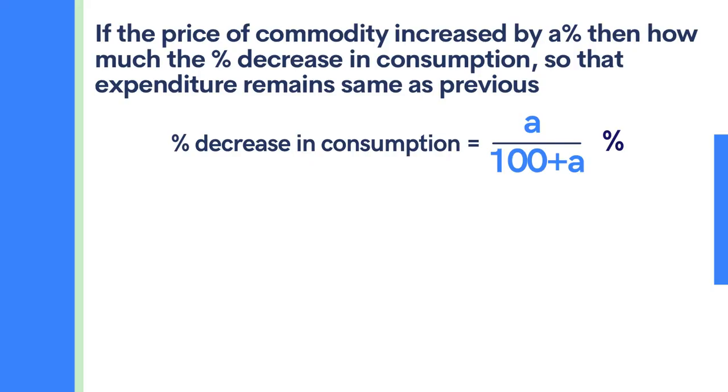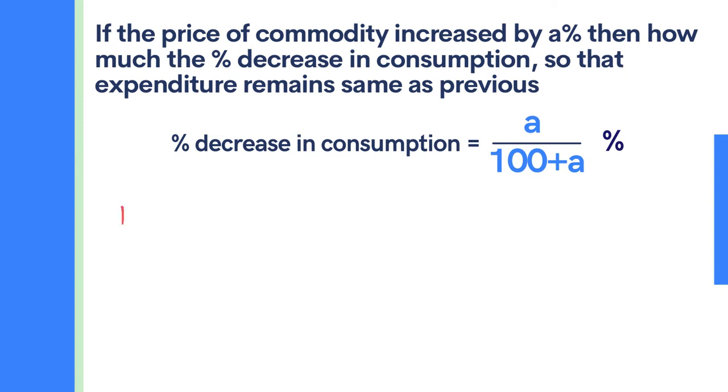This concept is very important from the exam perspective. The concept is saying if the price of a commodity is increased by a percentage, then how much percentage decrease is required in consumption so that expenditure remains the same as previous. So this is a formula. By this formula you can directly get the answer. But first I will explain what the concept is saying.